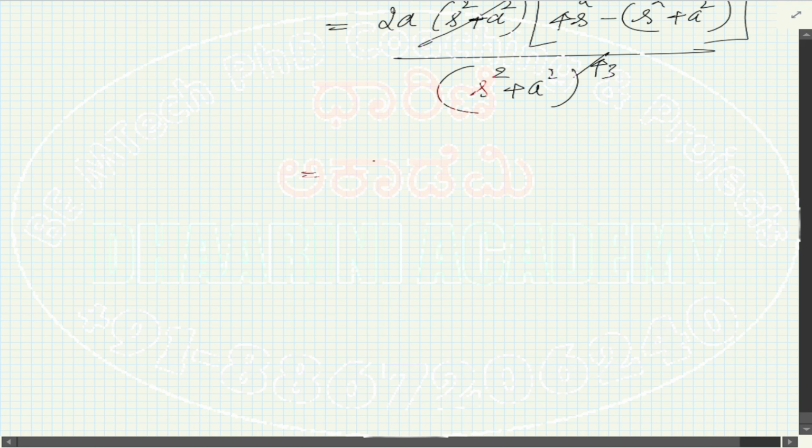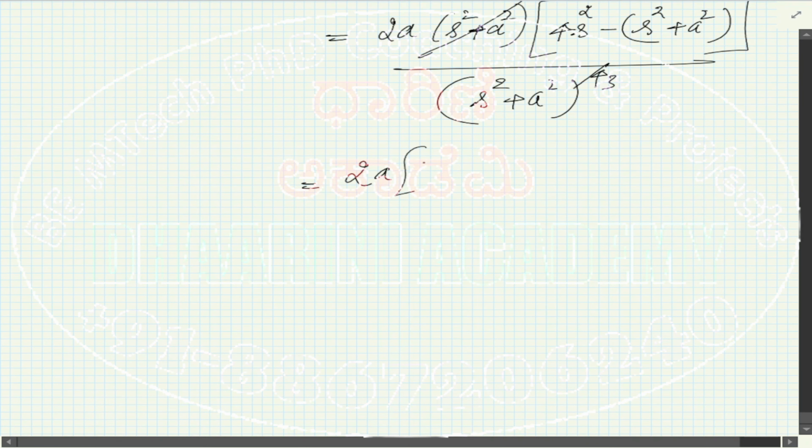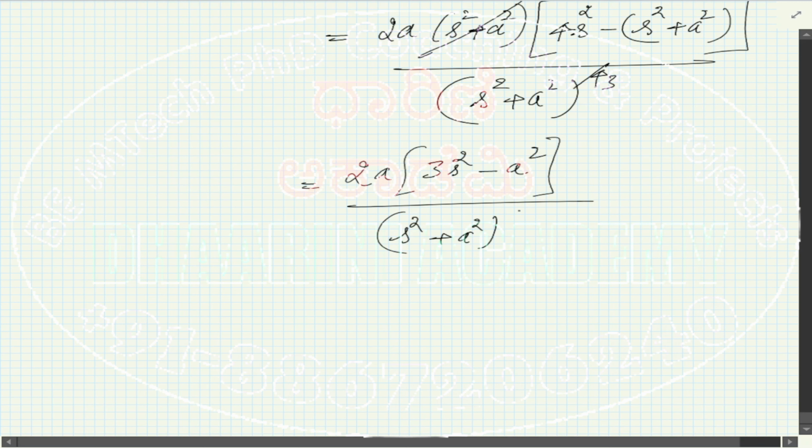So this is equal to 2a into, so you can see that 4s square minus s square is 3s square minus a square whole divided by s square plus a square whole cube.